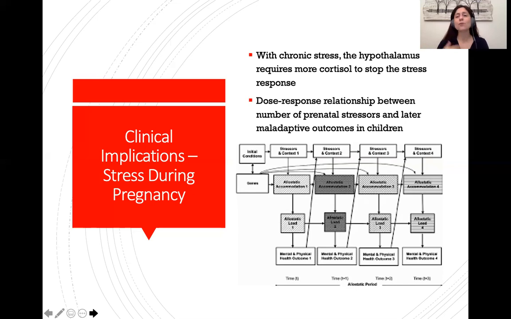Now, if there is chronic stress, the hypothalamus requires more cortisol in order to stop the stress response, which you could think of as being similar to an alcoholic needing more alcohol to feel buzzed, sort of. Higher levels of cortisol also remodel circuits. For example, veterans who have PTSD had smaller hippocampuses, or hippocampi is the correct way to say that, than those of a control group, suggesting that that experience of trauma and stress had an effect on a brain system, in this case, the hippocampus.